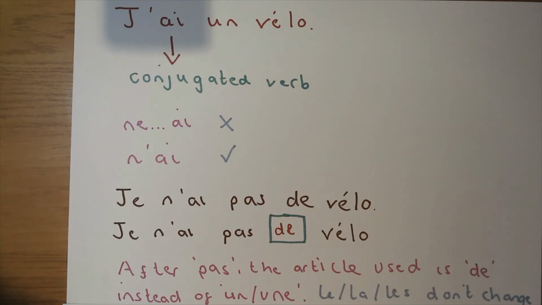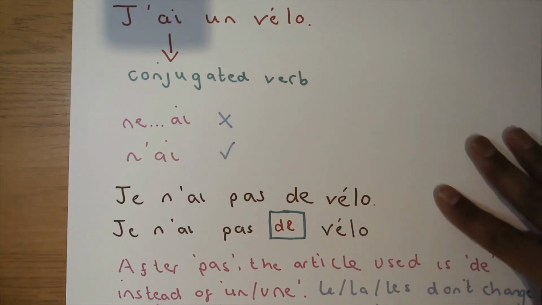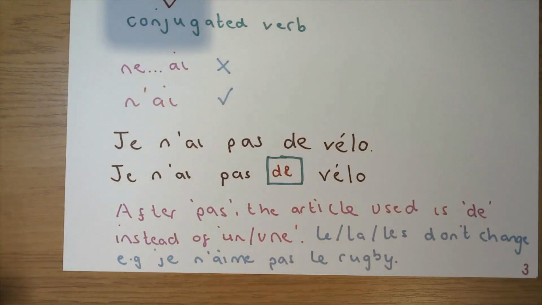Therefore, you don't need to worry about whether your noun was masculine or feminine when using ne pas, it just changed to de. However, le, la, and les don't change. Je n'aime pas le rugby doesn't become je n'aime pas de rugby, it just stays the same, je n'aime pas le rugby. So here are just a few things you need to be aware of when forming negative structures, and you need to be aware of this when you get to the practice stage.